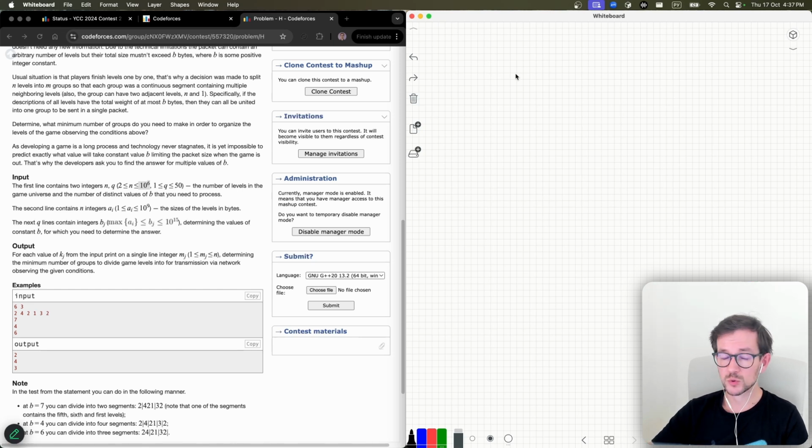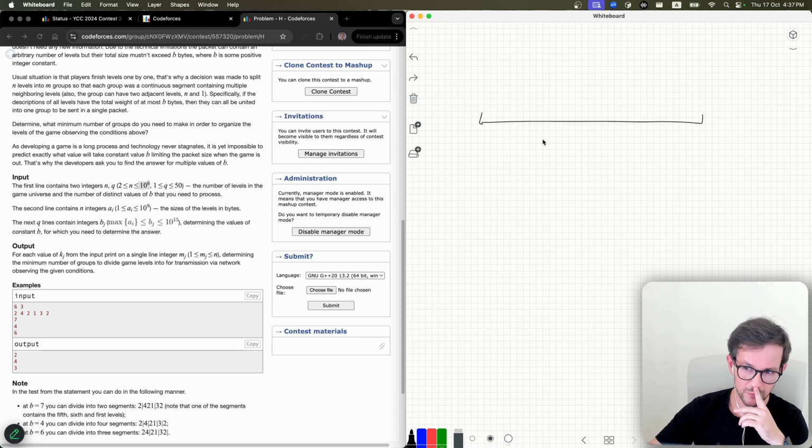There are some similar problems that maybe you solved before, like I solved before. Problems like this, when you have an array and you need to look at all elements with the same remainder modulo b.